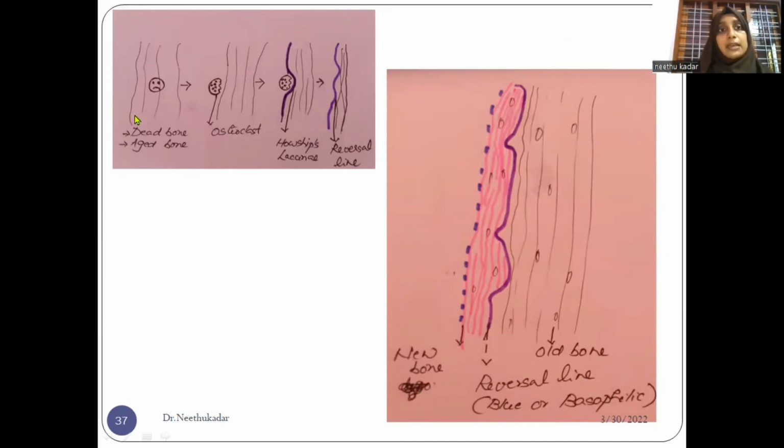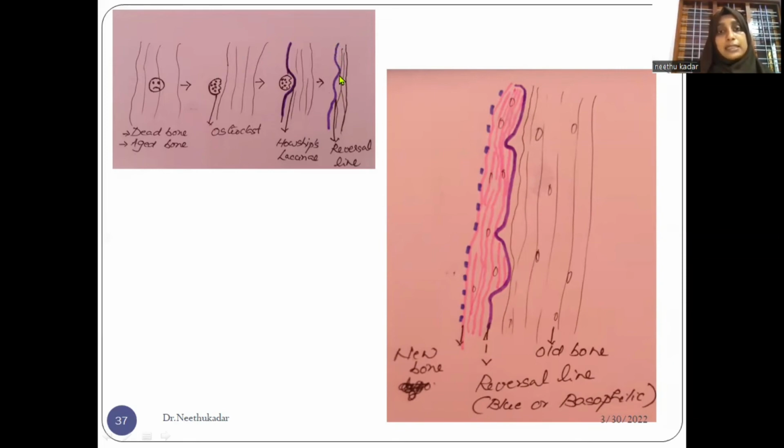You can see a dead, damaged bone. Here, the osteoclast will resorb the bone. The space in which the osteoclast is present is called Howship's lacunae. Once the resorption is complete, a reversal line is formed in the place which marks the presence of the osteoclast, and this is a scalloped line.